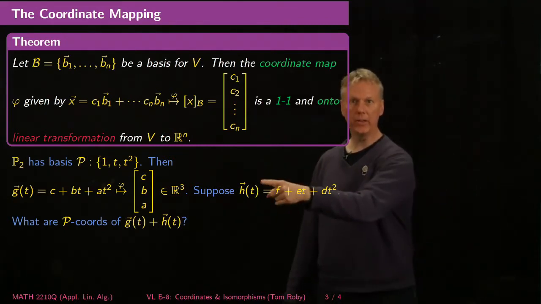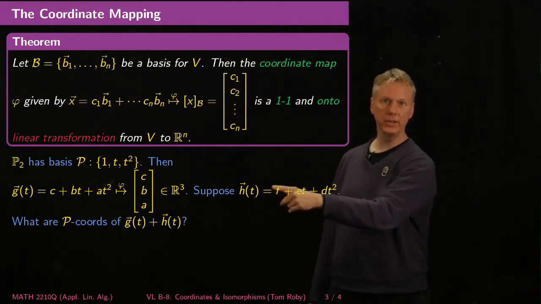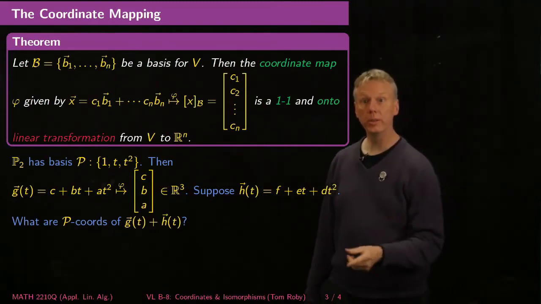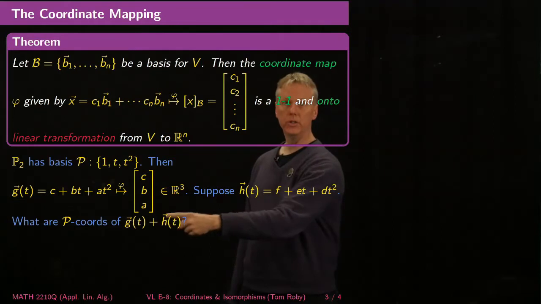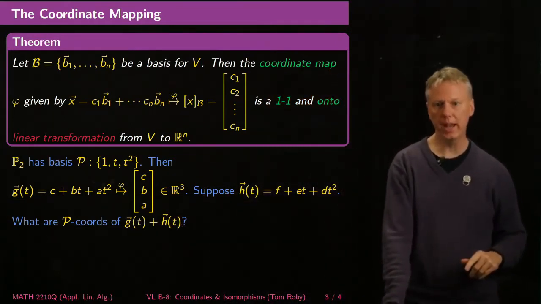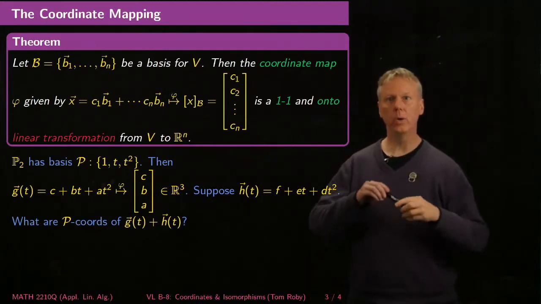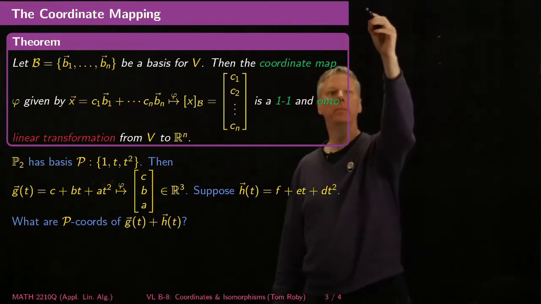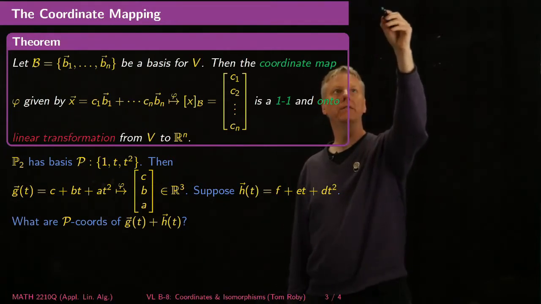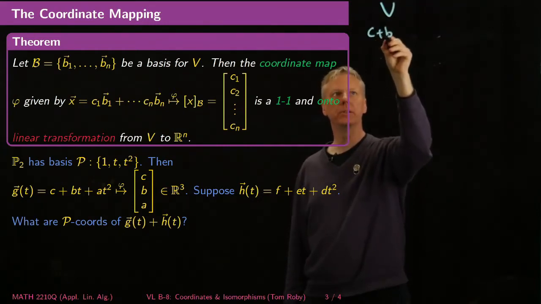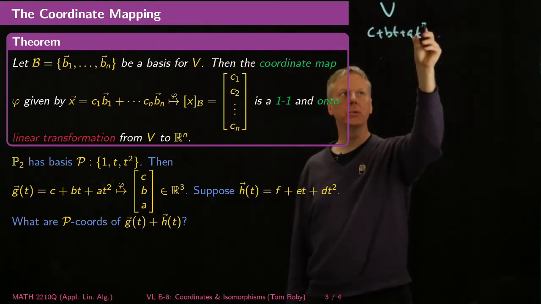Now suppose I had another vector like this. h(t) was f plus et plus dt squared. Then what would the B coordinates be of g(t) plus h(t)? So this is the key point here, is that we want to understand how this map works. Over here in V, I have g(t), which is c plus bt plus at squared.